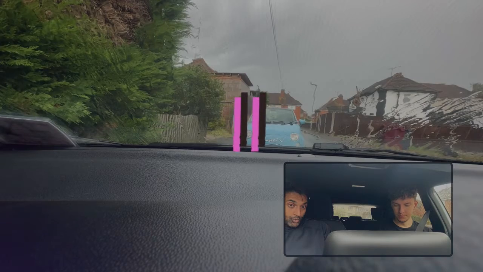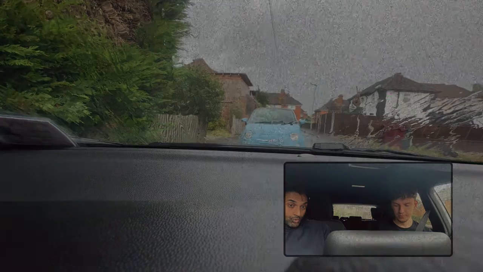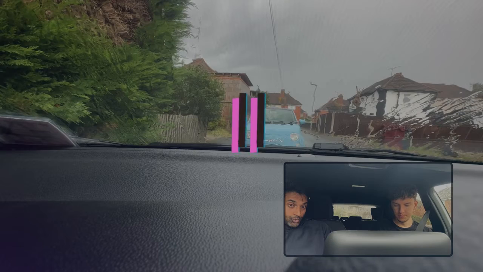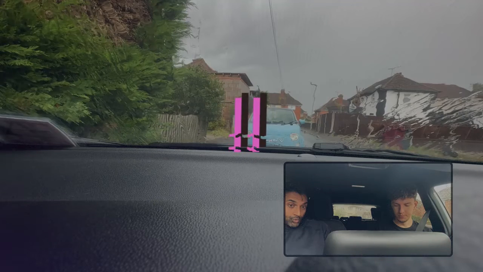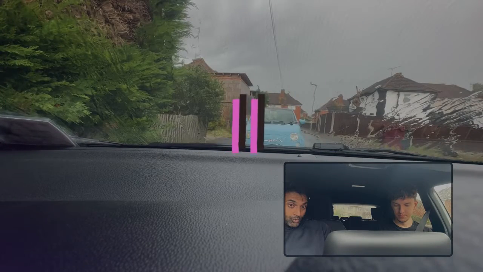Okay, if he gets a wrong answer, then I would analyse it and say, well, okay, what might be the problem if he said 2 car lengths in the wet? What would be the risk of following 2 car lengths, say at 70 miles an hour? And hopefully he'd think, oh yeah, do you know what, that is far too close. Oh yeah, sorry, it's 2 seconds, but hang on a minute, what about when it's raining? Oh yeah, sorry, it's double it.